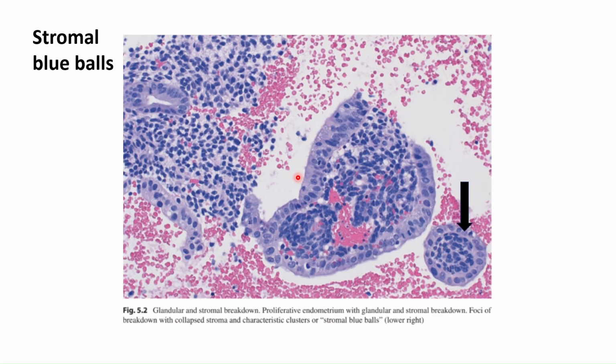So, proliferative endometrium and stromal breakdown. Here we can see only hemorrhage. Stroma is present here, with some broken glands. A broken gland is present, and here there is stromal collapse in the form of a ball. So this is a stromal blue ball.